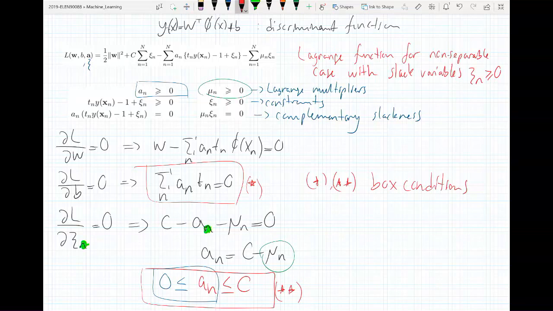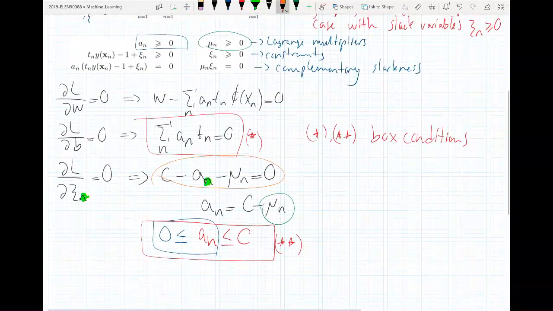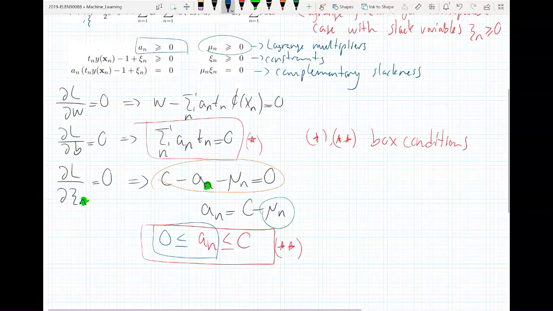Right? And if I substitute the W back in, the sum of an, tn equals 0, and you see all of this sum zeroes out. Then I also substitute this one into the L, so to get the dual, let me write it here.